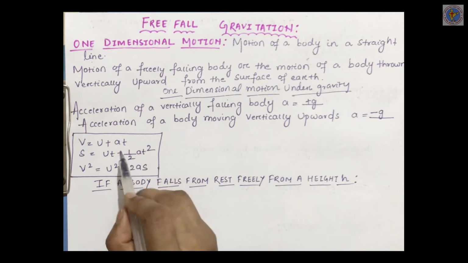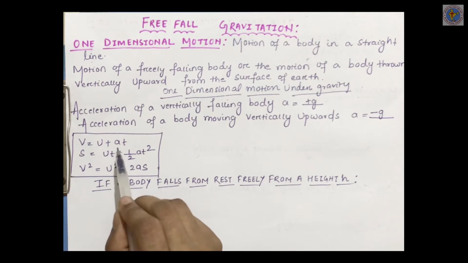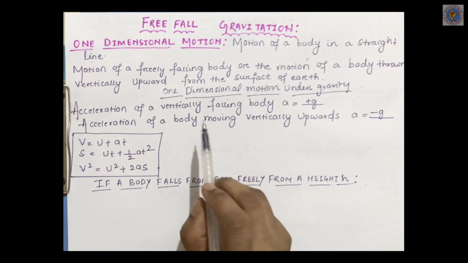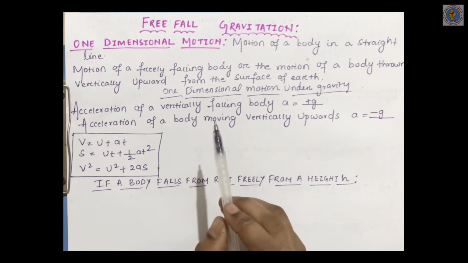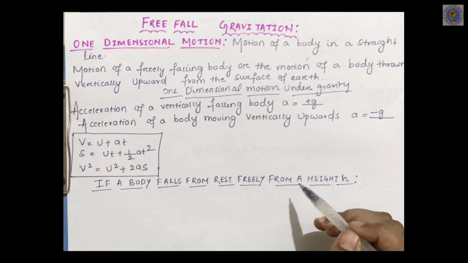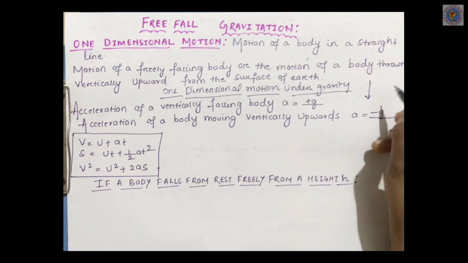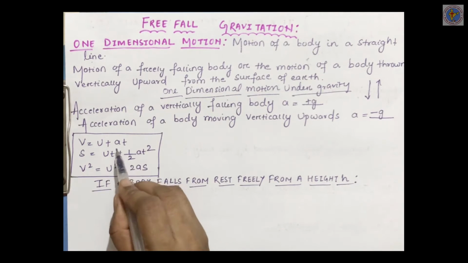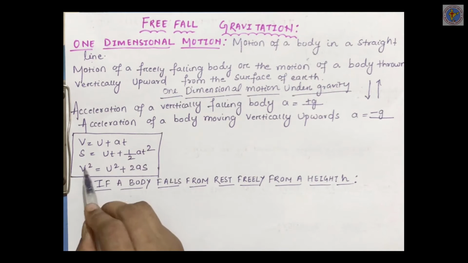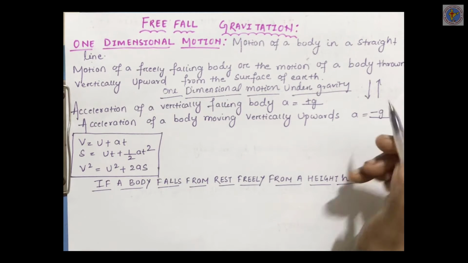Here we have three equations of motion. As I told you, we are reading about free fall, that means a body moving vertically downward or vertically upward. So instead of a we write g, and instead of s, the distance, we write height h.